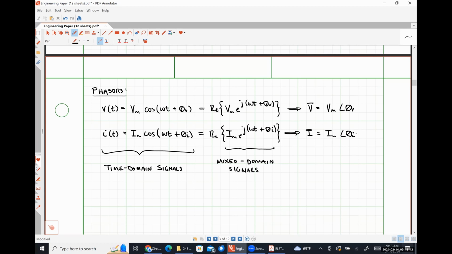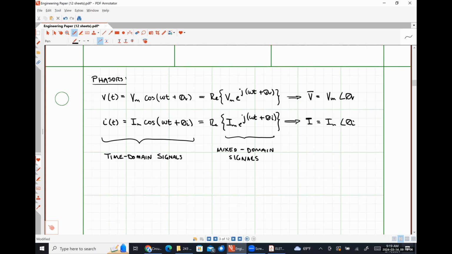Now, actually we might do it in next Tuesday's class because I'm talking more than I intended to do today, but that's okay. We're going to see effectively why we get to throw away that e to the j omega t part. Okay? But for now, let's just take it on faith that that's going to be okay.